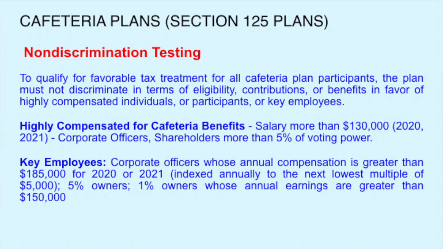And the key employees include corporate officers whose annual compensation is greater than $185,000 for 2020 and 2021. And they are 5% owners and 1% owners whose annual earnings are greater than $150,000.